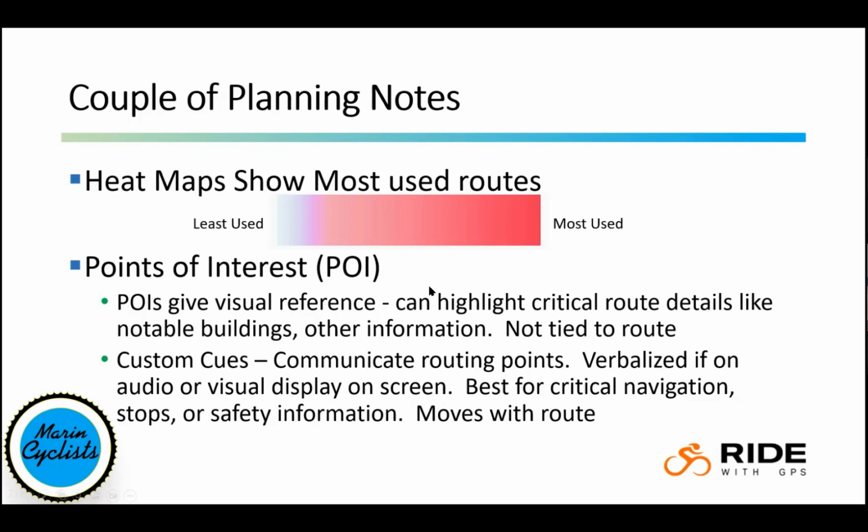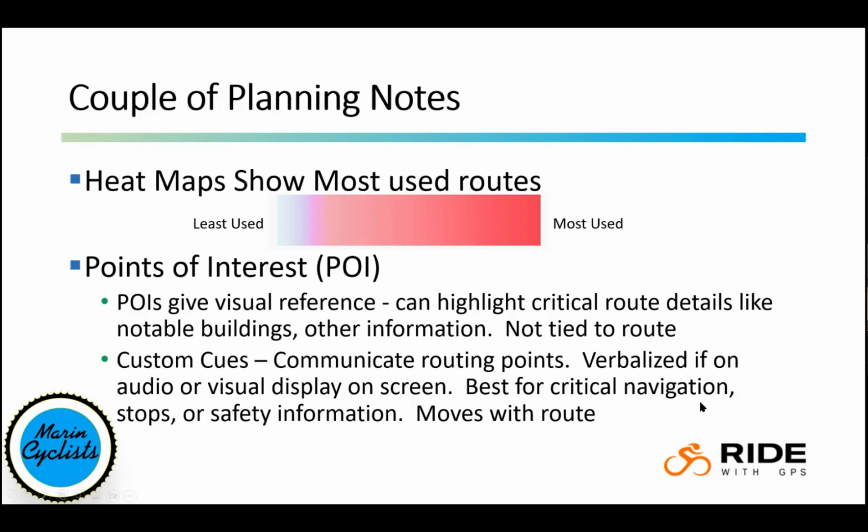The custom cues, however, communicate the routing points. It's just like a cue, turning left onto Redwood Highway or something like that. If people are using their phone with a route, you'll actually give them an audio cue, or if they're using their Garmin, you'll give them a visual display on the screen.